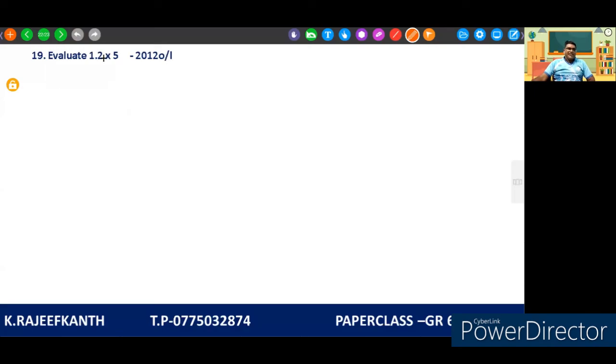Without the decimal point, this number is 12, right? Then we have to multiply this 12 by 5, that is 60. If there is no decimal point in the number 1.2, then we can take that number as 12. Then here this is 5. Then 12 times 5 is equal to 60.